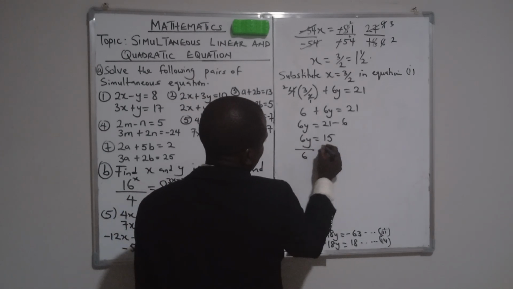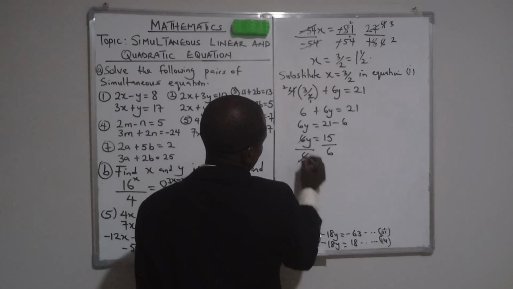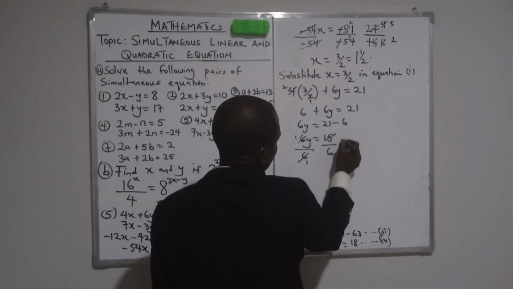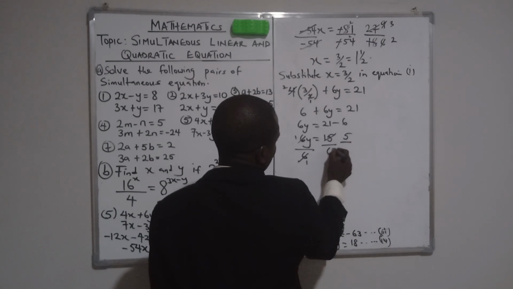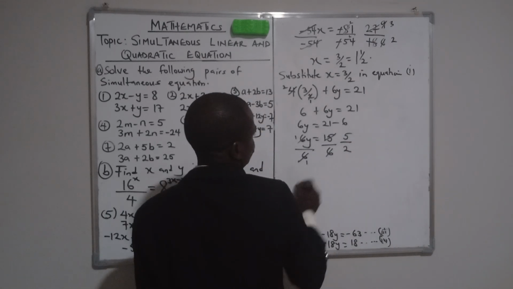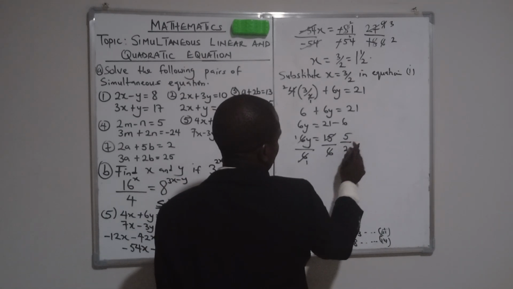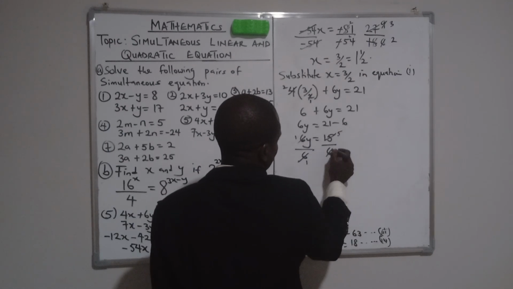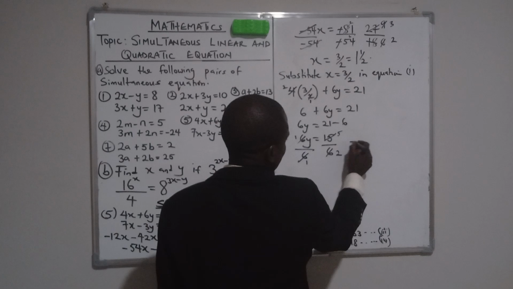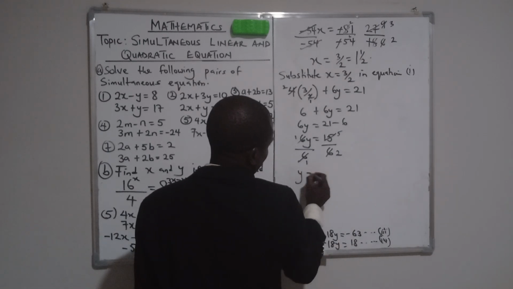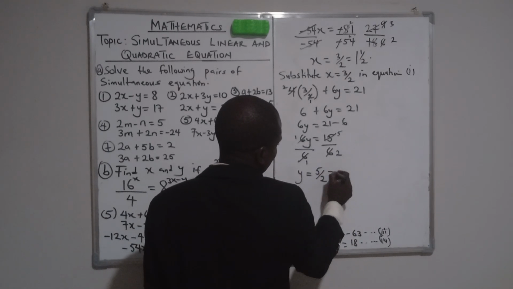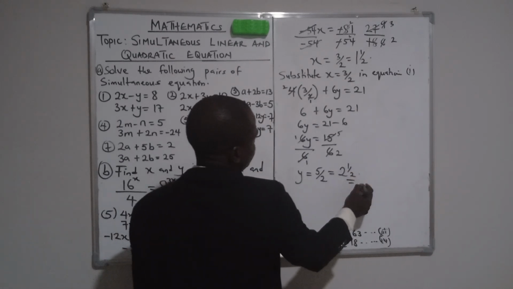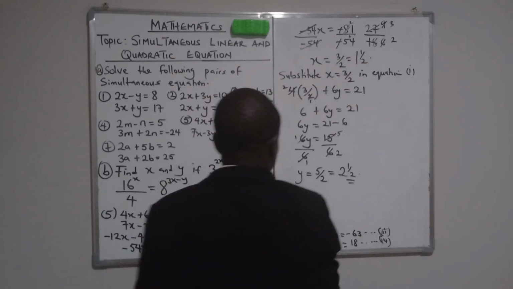Divide both sides by 6. 6 cancel 6. 3 in 15, 5. 3 in 6, 2. y now equals 5 over 2, which equals to 2 number 1 over 2. Is the value for y. Is the value for x.